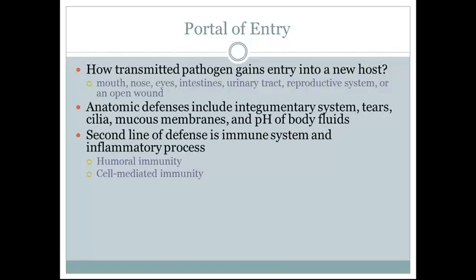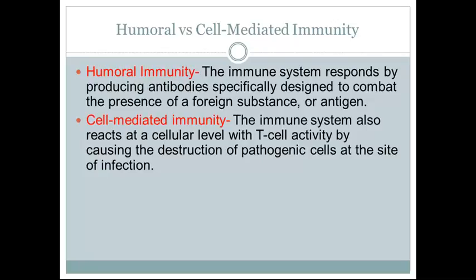Our second line of defense is our immune system and the inflammatory process. We have humoral immunity and cell-mediated immunity. Humoral immunity is the immune system's response by producing antibodies specifically designed to combat the presence of foreign substances or antigens.